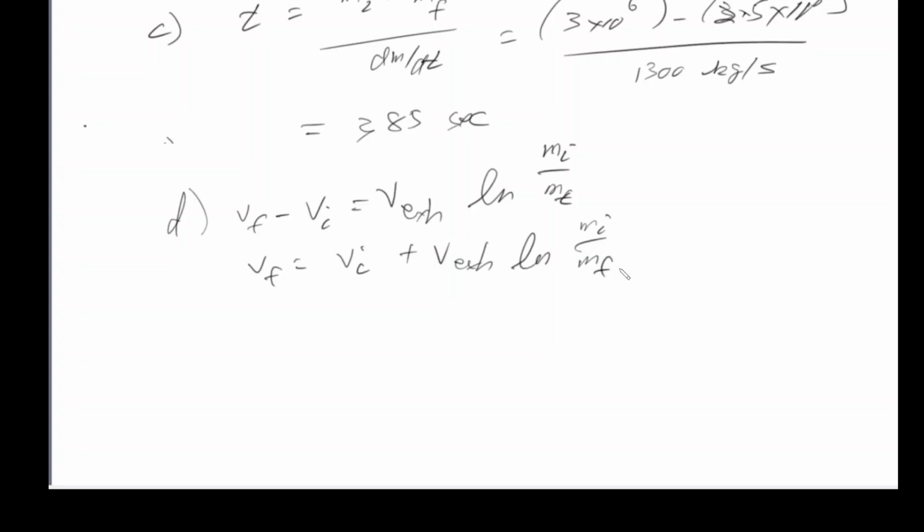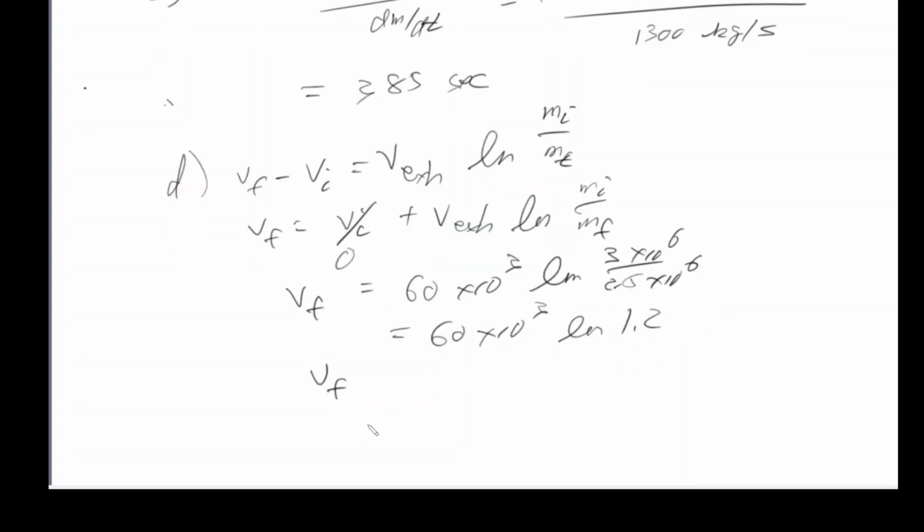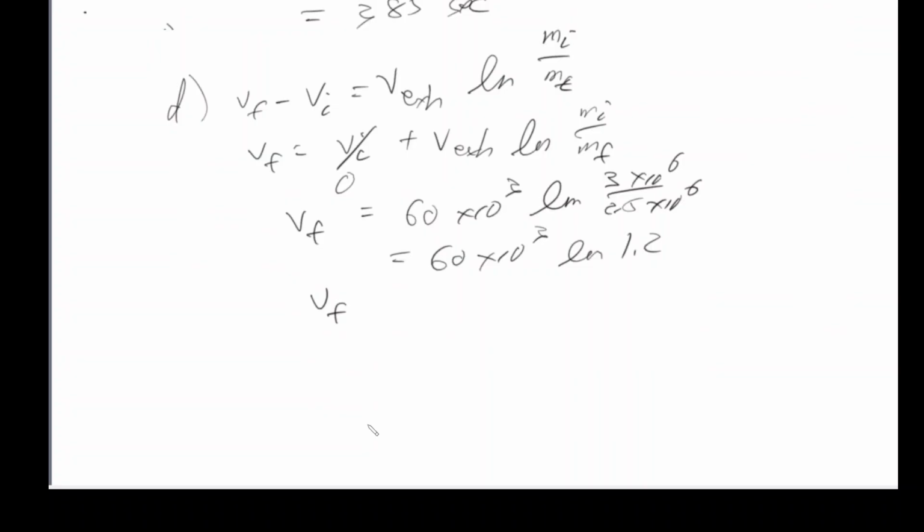So we're assuming the rocket started from rest before the fuel ignited, so that is 0. So V final becomes 60 times 10 to the third times the log of 3 times 10 to the 6 over 2.5 times 10 to the 6, which is equal to 60 times 10 to the third times the log of 1.2, or the final velocity of the rocket is equal to 10.8 kilometers per second.